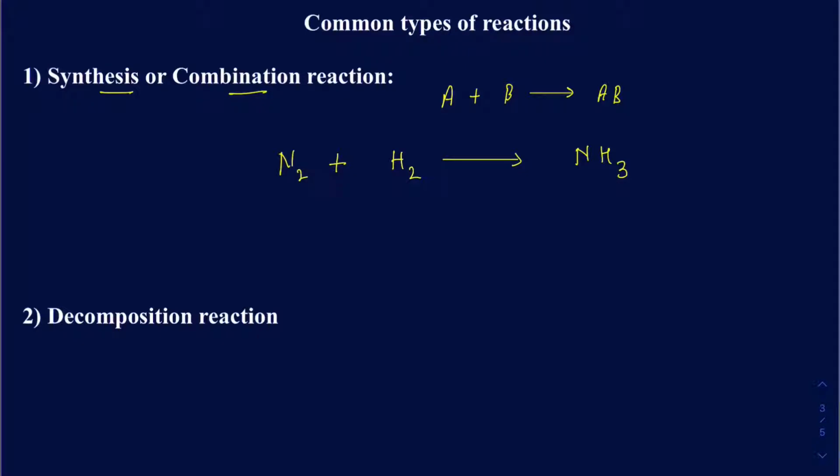When you're balancing these equations, you have three in front of the hydrogen, but you have two hydrogens, so they're not multiples of one another. So you will have to put three in front of the hydrogen there to make a total of six hydrogens. And then when you do so, you will have to put two in front of the ammonia or NH3, and that will take care of all the atoms being balanced.